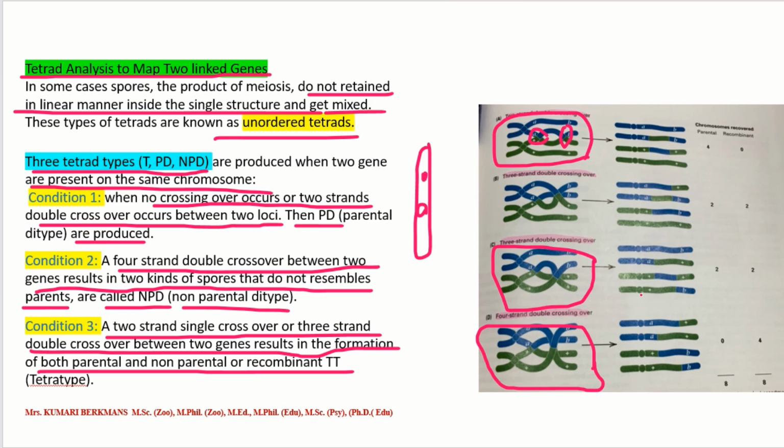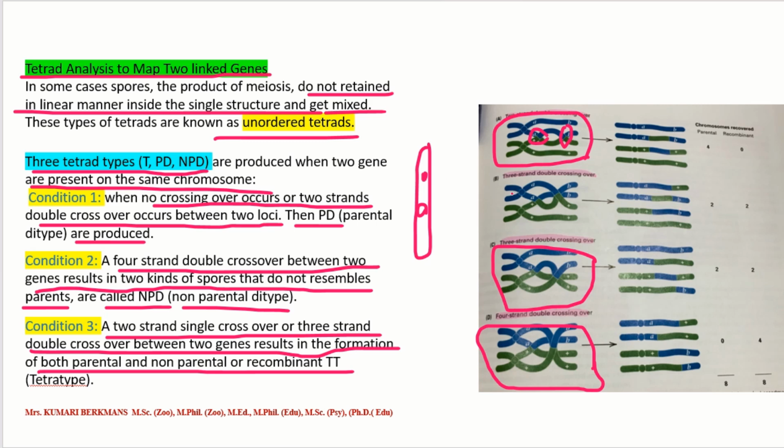So this is called tetratype, or recombinant TT. So we have seen 3 types. One is parental ditype PD, and another one is NPD, non-parental ditype, and another one is tetratype.